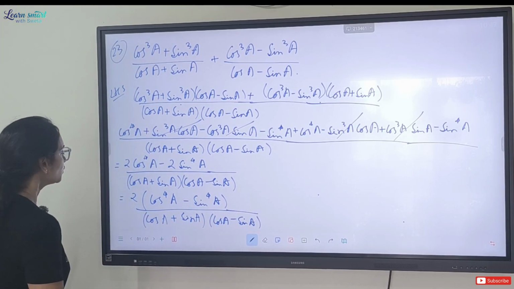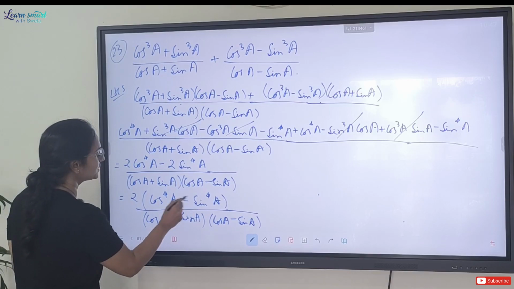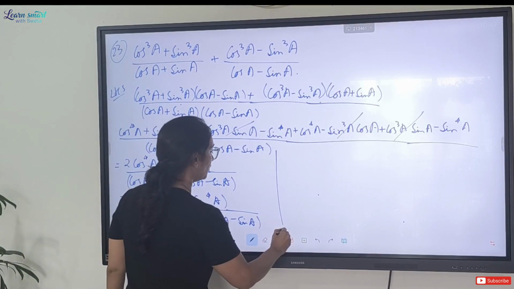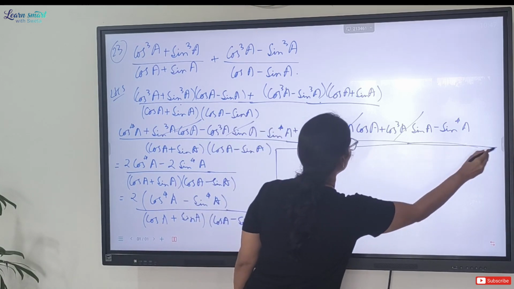Now let's try to write this in the form of A square minus B square. Not much space here, so I am doing it over here.